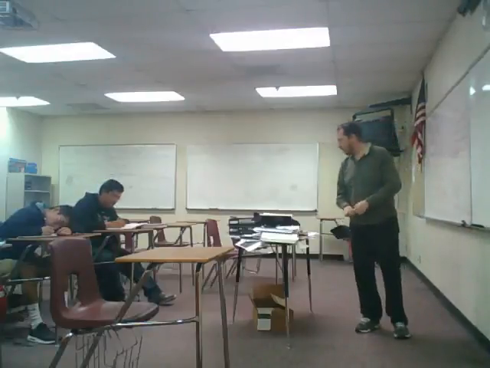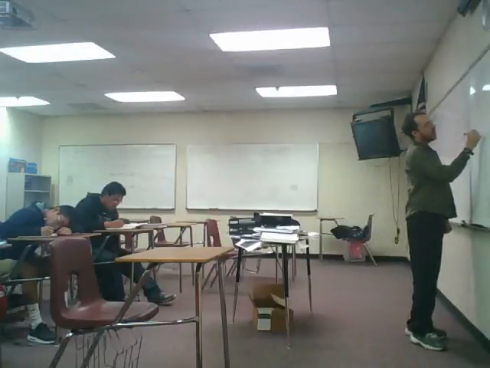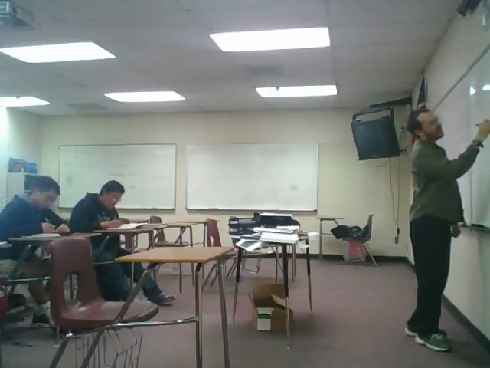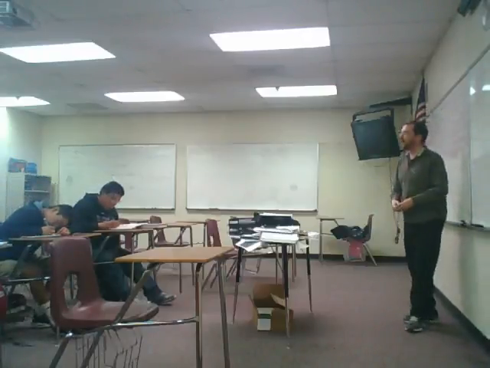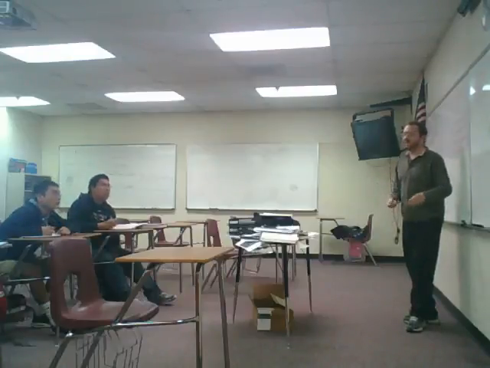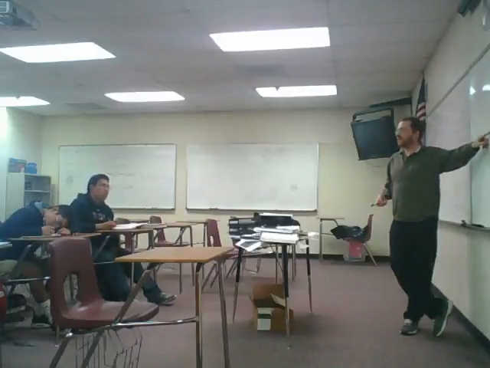Let's get started. Okay, so what if we need to take the integral of e to the x times cosine of x dx? If I take the derivative of e to the x, what will I get? e to the x. If I take the derivative of cosine, what will I get?